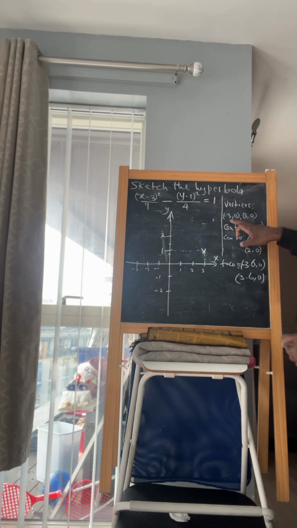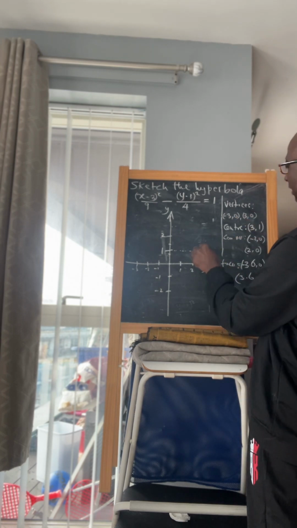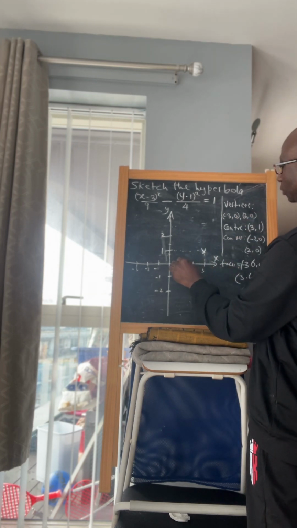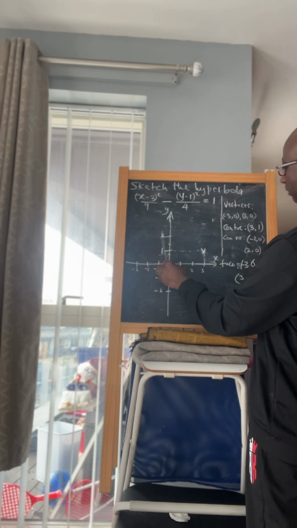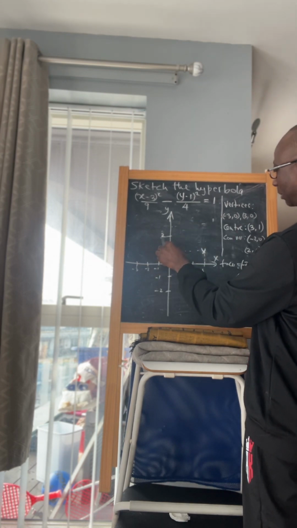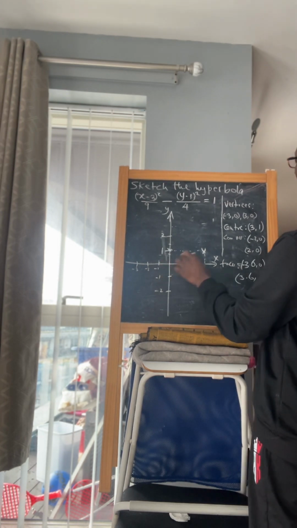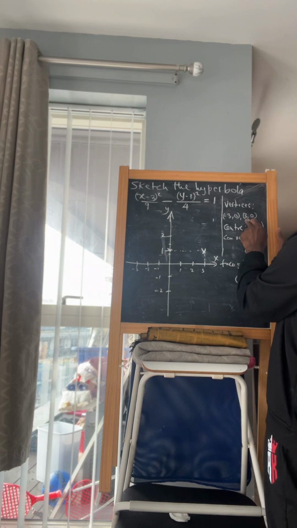So now we have our vertices, minus 3, 0 and 3, 0. First, let's look at the minus 3, 0 vertex. If this is the center, you count 1, 2, 3. You go left, because it's minus 3. So the other point will be here. And on the right-hand side, you have 3.